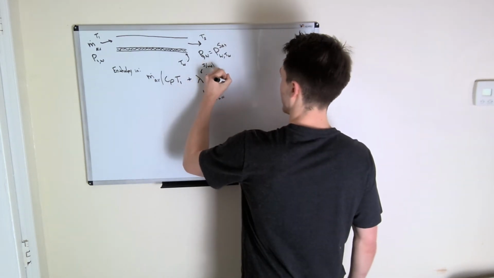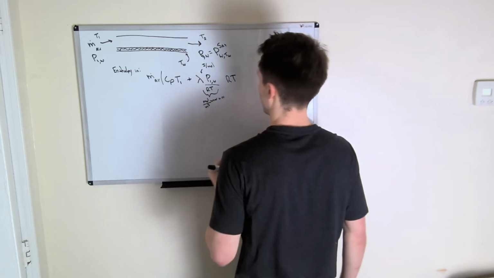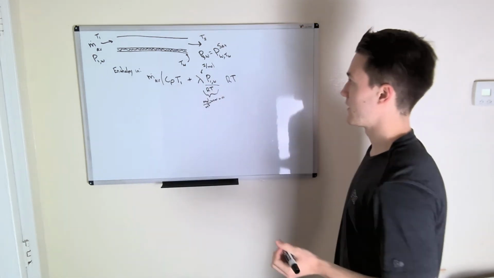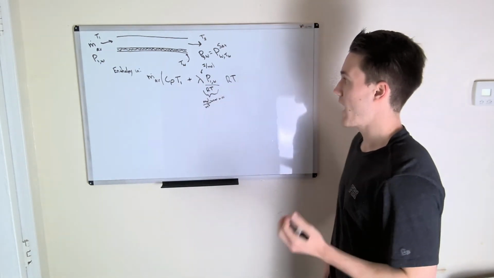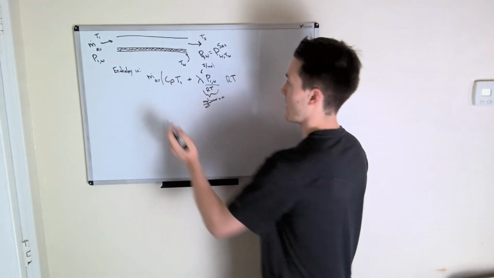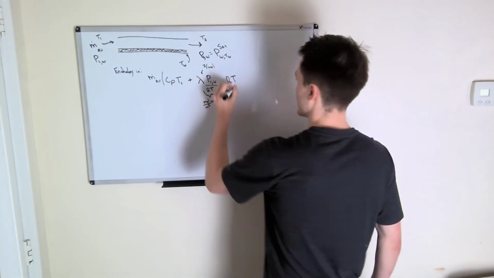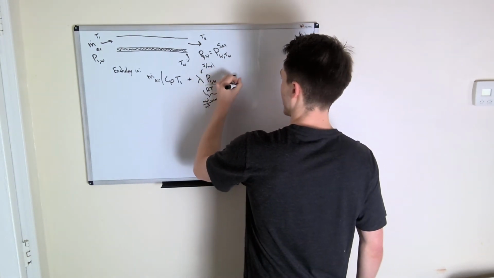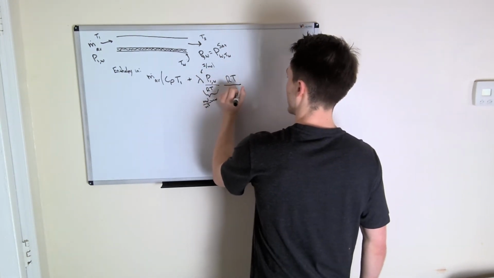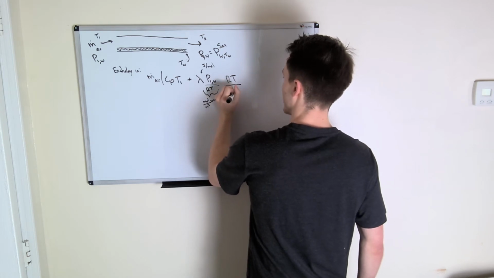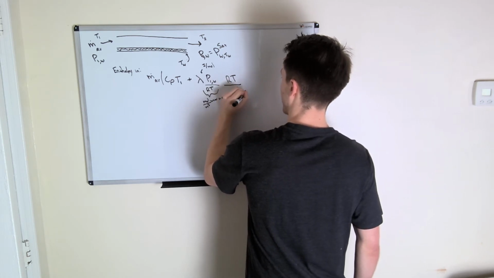So we have RT, and we want the average molecular weight so that our mass flow rate of air is able to cancel out. So we have that on the bottom.